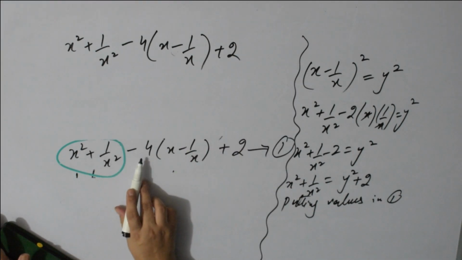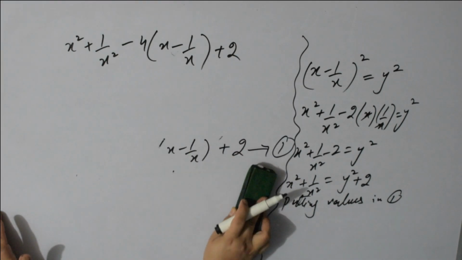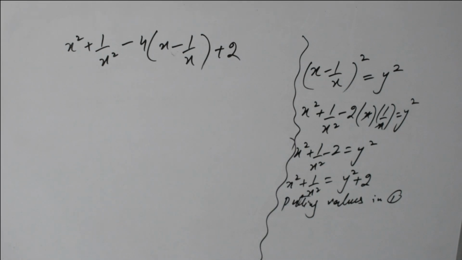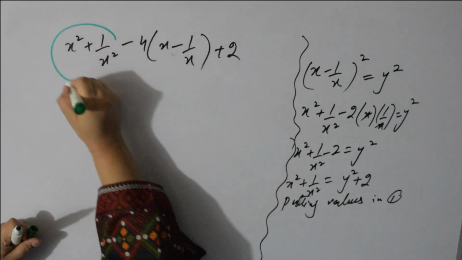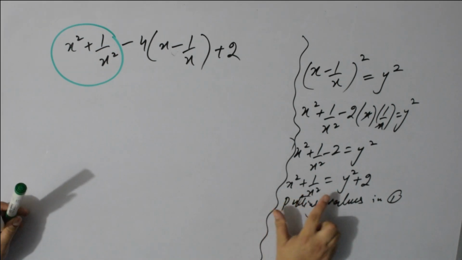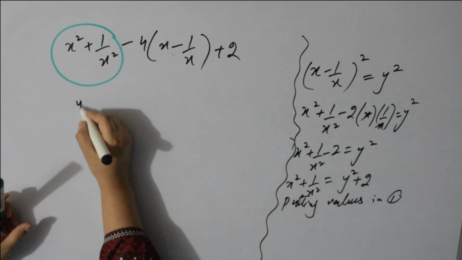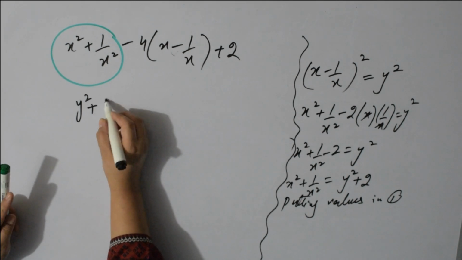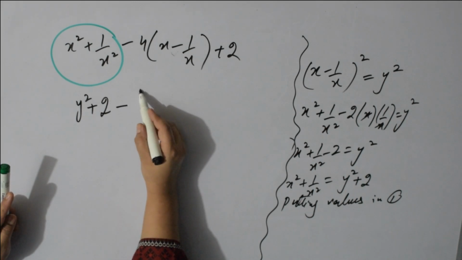x square plus minus 4. Okay. Now I am putting these values in my first equation, what is value of this term? This is y square plus 2. Instead of x square plus 1 upon x square, I am writing y square plus 2 minus 4.